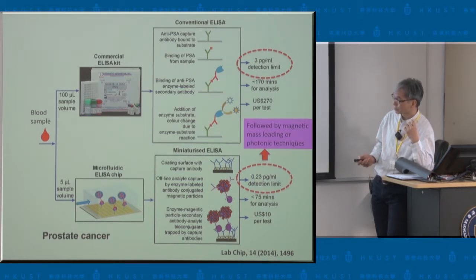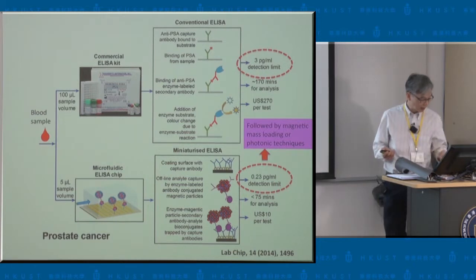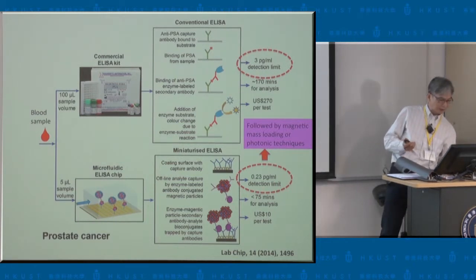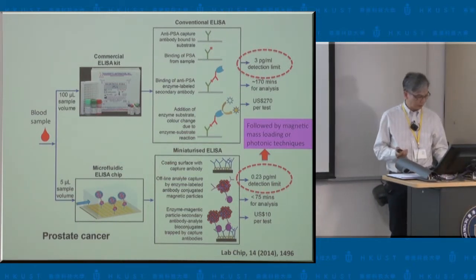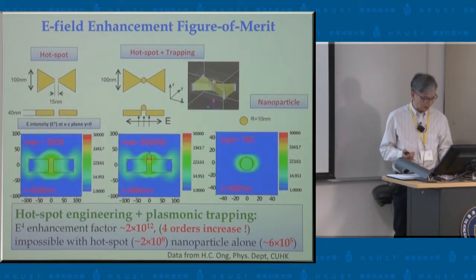So now you've got a lump of material being detected, and then you can actually detect that using conventional weight sensitive or magnetic or photonic techniques. And the detection limit is about 10 times better. So this labeling technique is very useful.